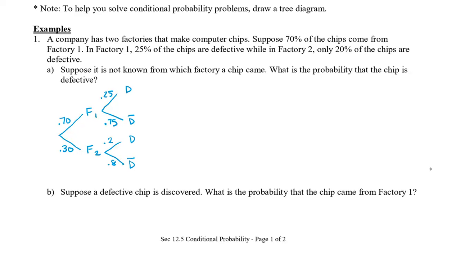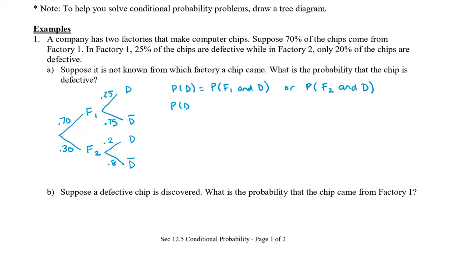So we can say that the probability the chip is defective is equal to the probability that it is from factory 1 and it's defective, or it came from factory 2 and it's defective. Now, if we write this out formally, this is what it would look like.